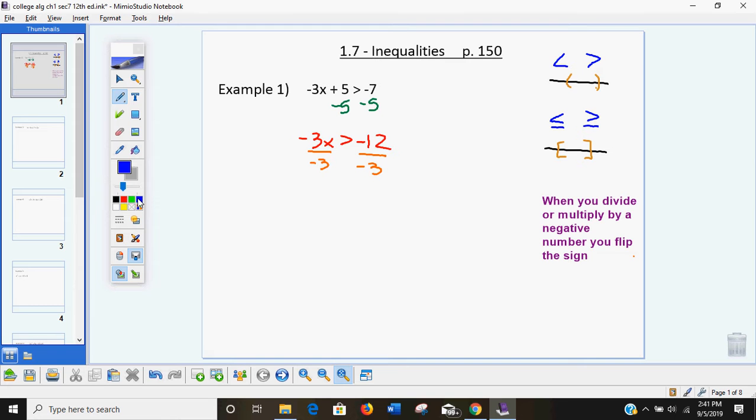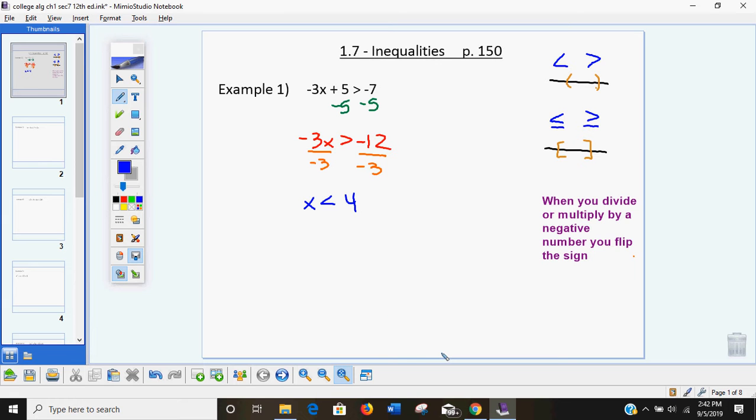So now I'm going to have x is less than positive 4. Now what that tells me is every number less than 4 makes that original statement a true statement. 4 is not going to work because it doesn't have equal to, but everything less than 4 will work.